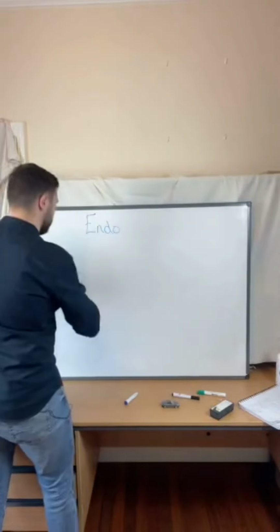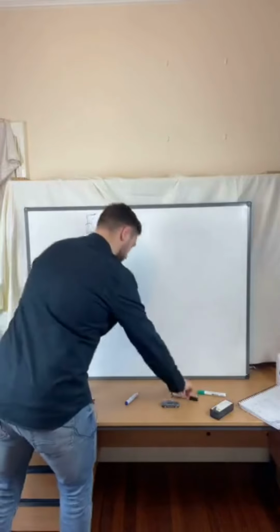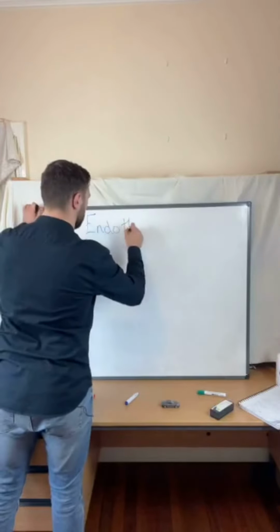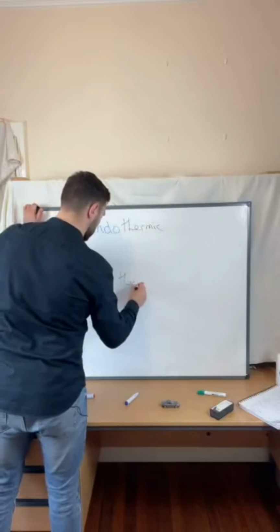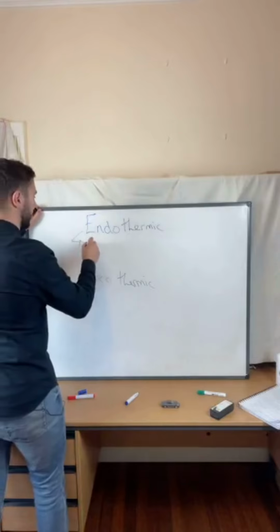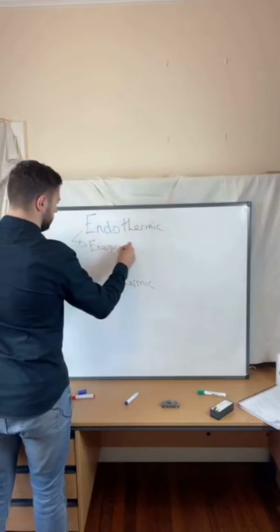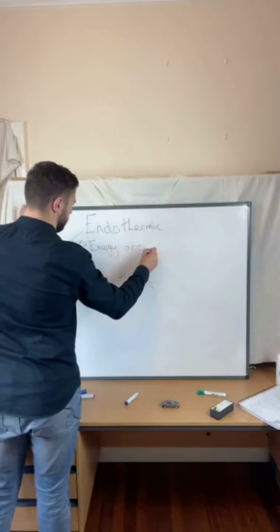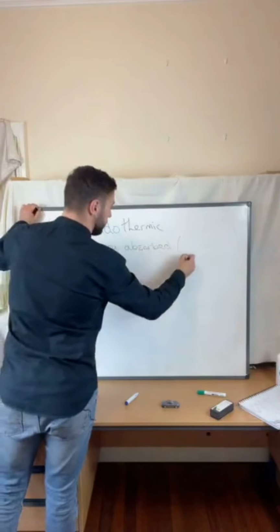And exo. So endothermic, we have got energy absorbed from our surroundings, and that makes our surroundings feel cold.